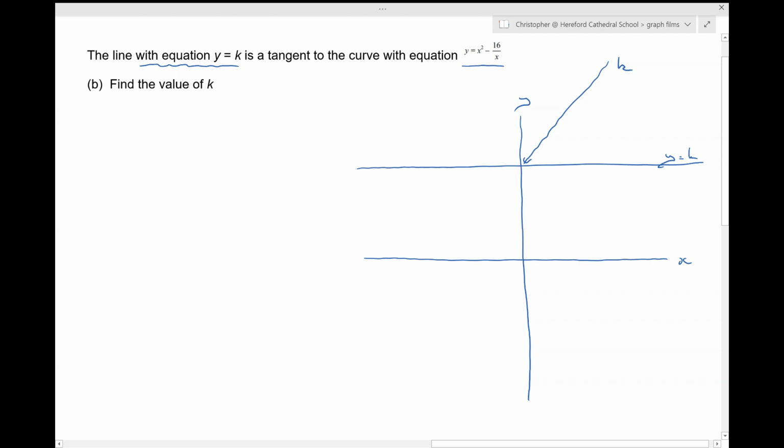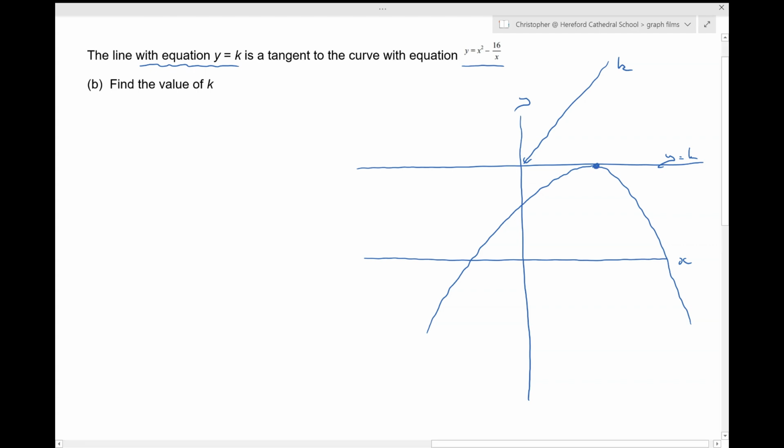So this curve is going to be something like this, isn't it? Now, if that line y equals k is a tangent, it must touch the curve at a maximum, mustn't it? So really what I'm being asked to find is where is that maximum? Or specifically, what's the y value of that maximum, the y coordinate of that maximum point?